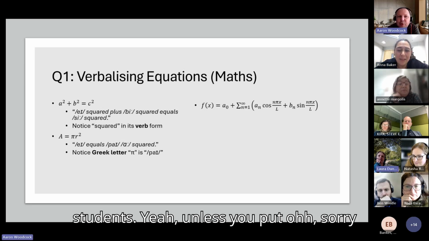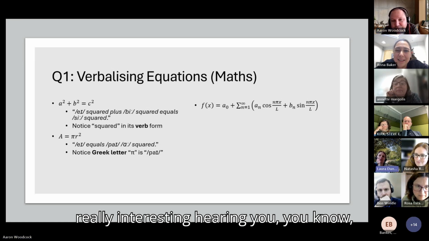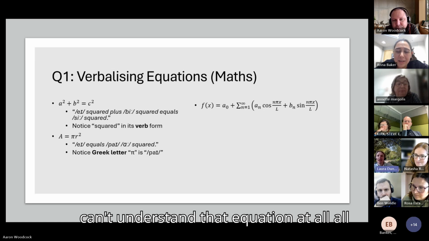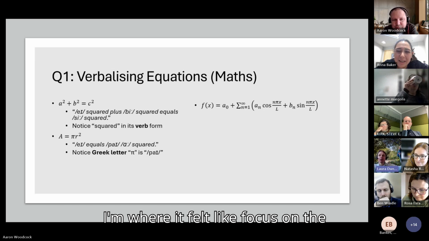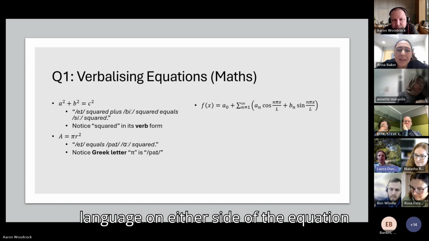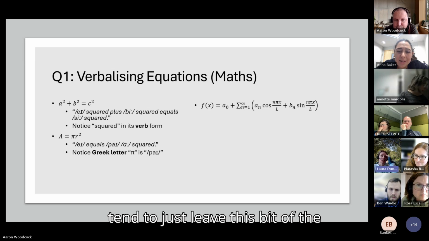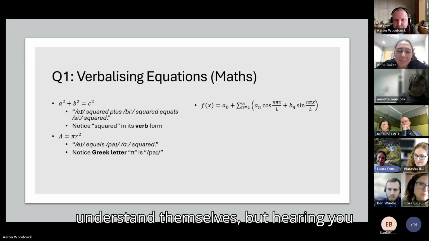Oh, sorry, Laura. I was going to say I find it really interesting hearing you talk about it, because I can't understand that equation at all, or wouldn't have any idea how to say it. I'm more likely to focus on the language on either side of the equation, and then tend to just leave this bit for the students to explain or understand themselves.